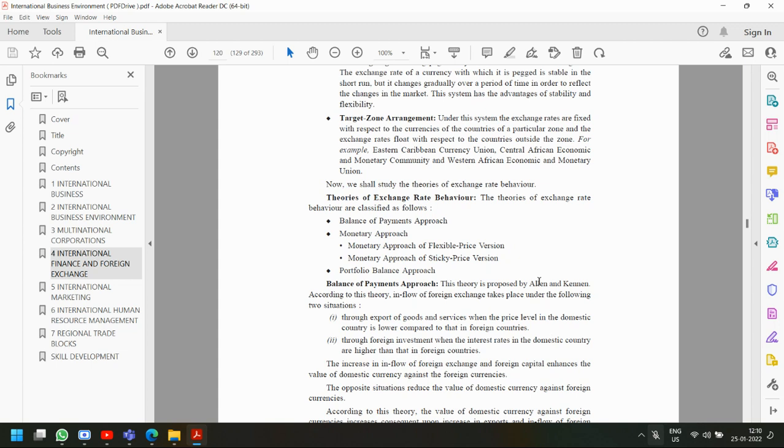Now, all consumers do not have the same preferences. Even today, there are consumers who do not prefer goods made in India.